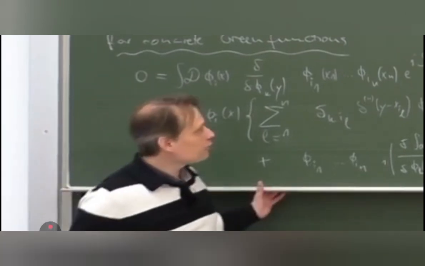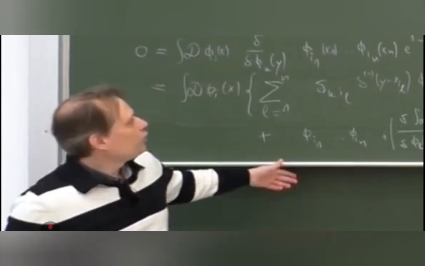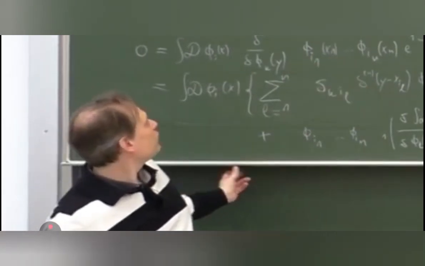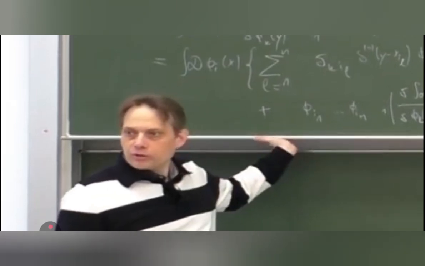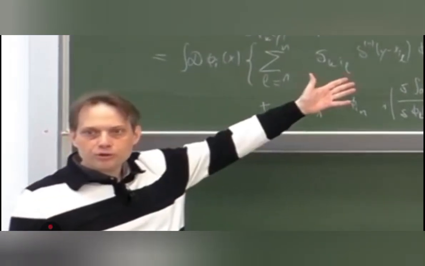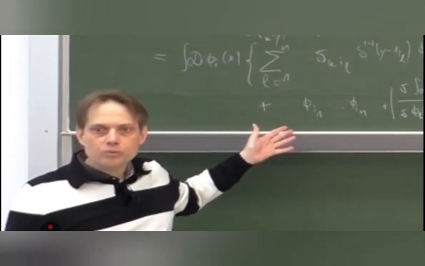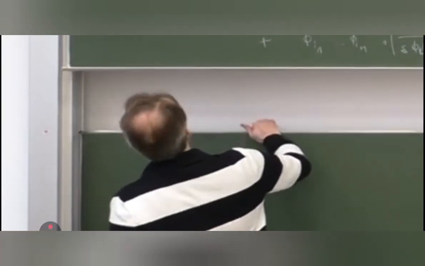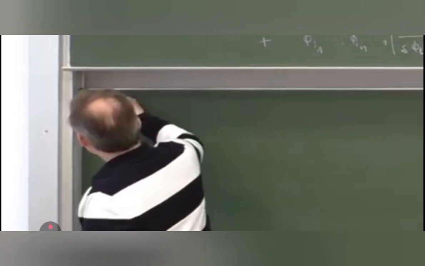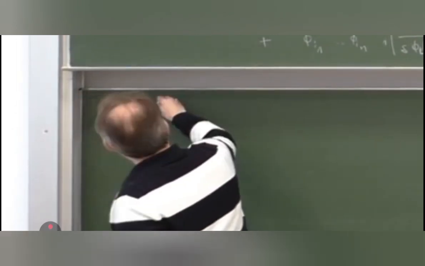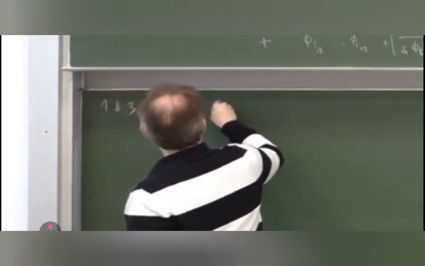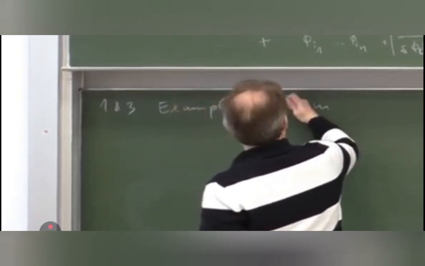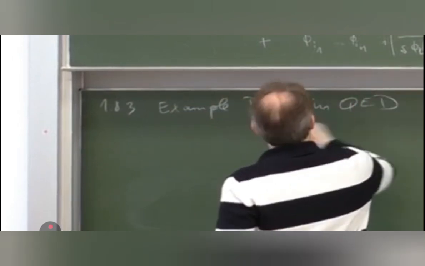Okay, so these are the Dyson-Schwinger equations, the fate of equations of motion in Green functions and in the quantum theory. And so let us now look at a special case of that for QED, which will reproduce the equation that we had on the blackboard last time. So an example, Dyson-Schwinger equation in QED.